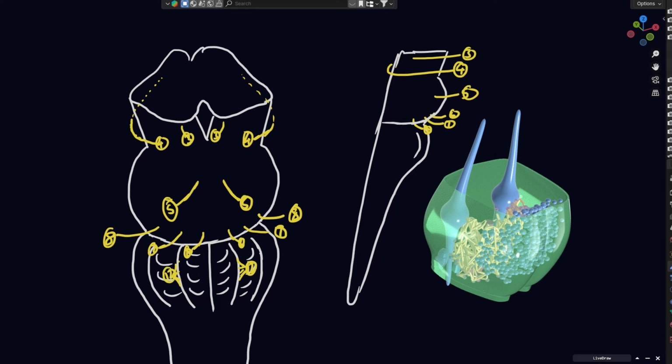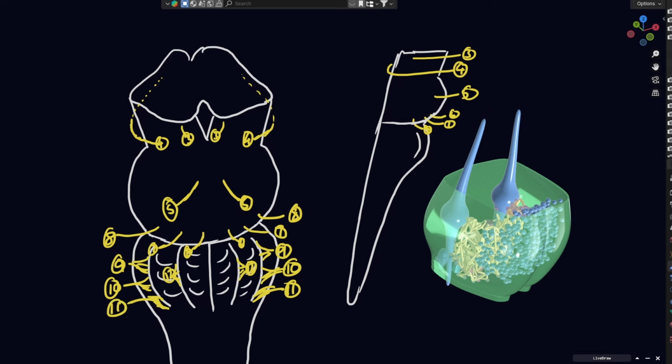Then lateral to the olive we have the origin of the ninth cranial nerve here as well, the ninth cranial nerve superiorly, then inferior to it is the 10th cranial nerve, and inferior most is the 11th cranial nerve.